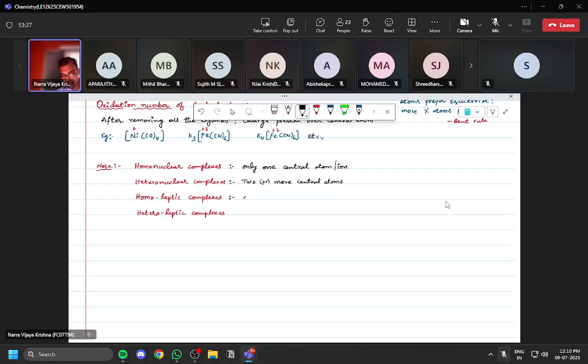Homoleptic means only one type of ligand. Heteroleptic means two or more types of ligands.